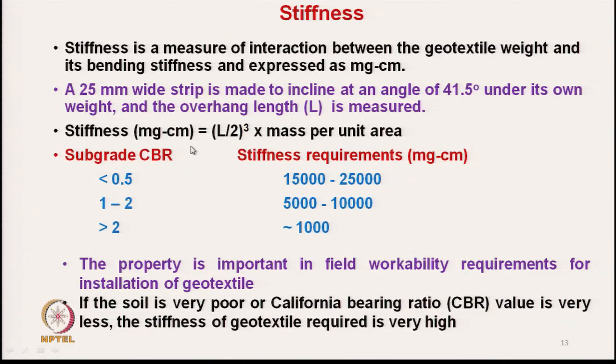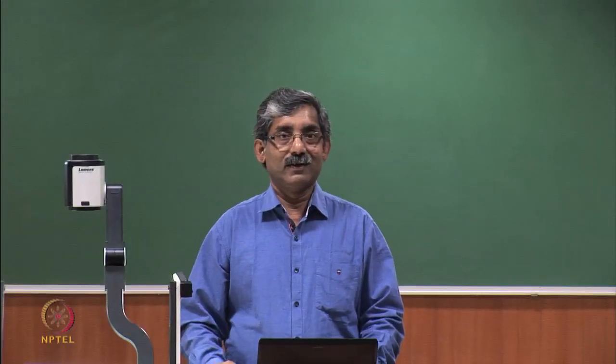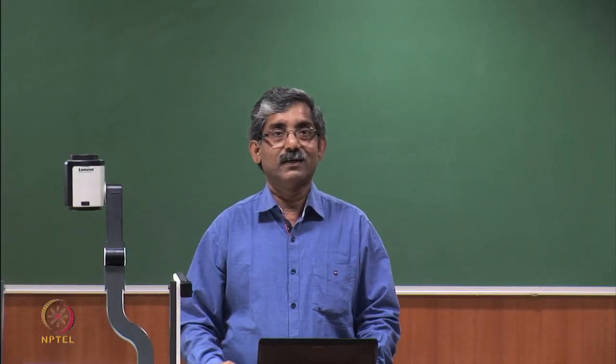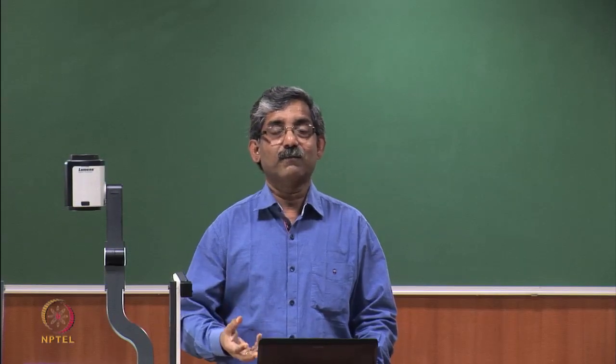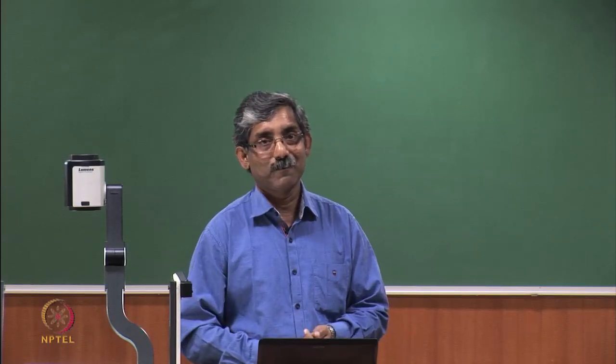for design application. Like subgrade soils, CBR value. What is CBR? CBR is California bearing ratio, we will discuss it in detail, which represents the strength or hardness of soil.